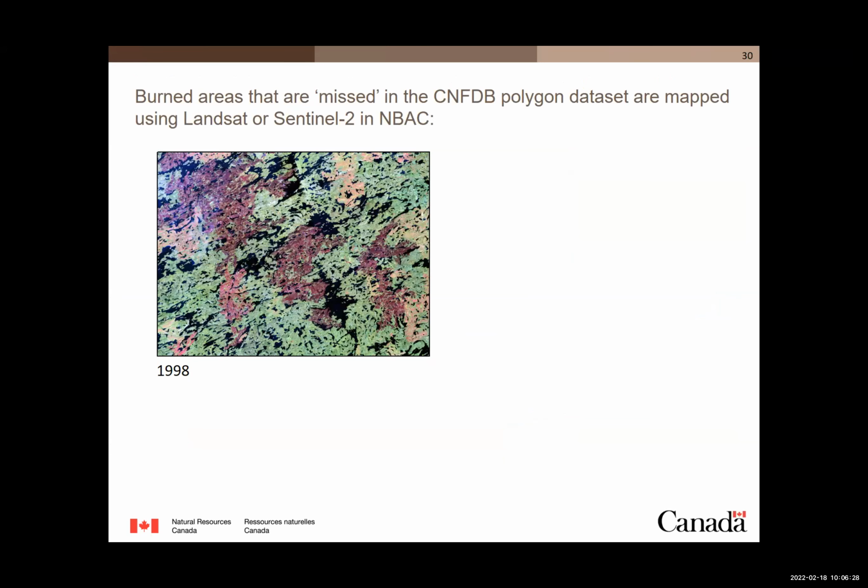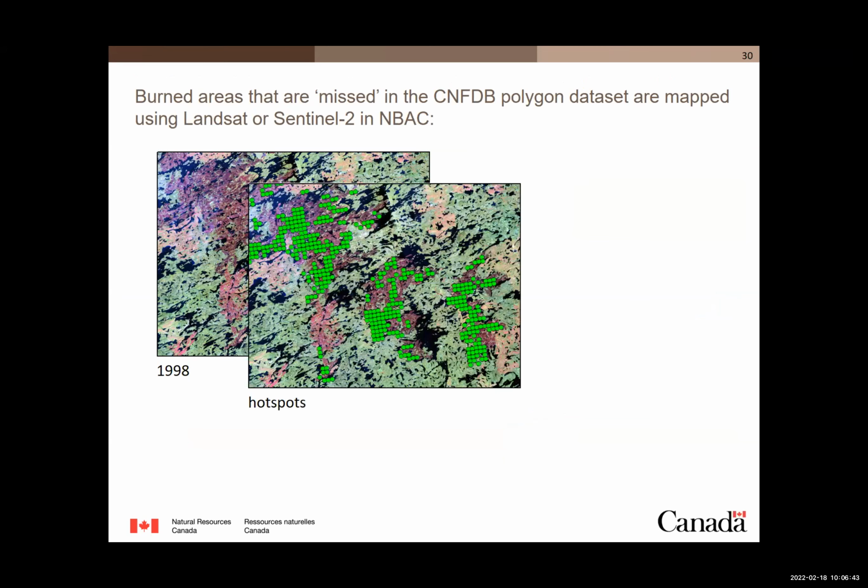And I just want to show now another example of that second point I made about missing data. We see recent burn scars from this 1998 image when we overlay the hotspots, which would have come from the AVHRR satellite. We can see that the burn scars are indeed from 1998.